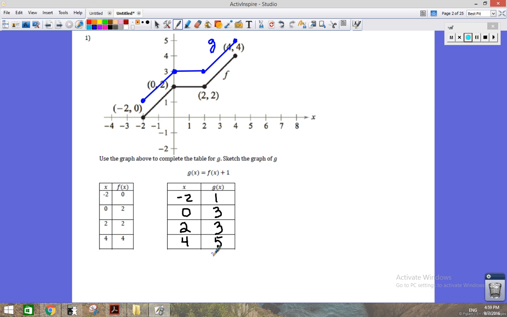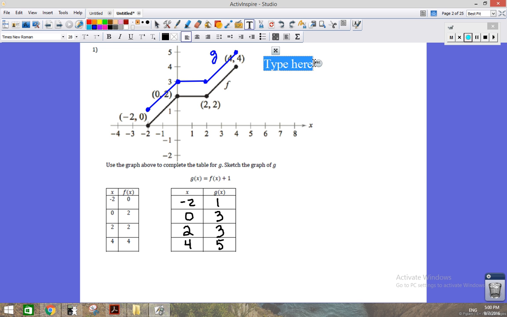So all of these y coordinates increase by 1, and when we plotted those points, the effect that has is that to obtain the graph of g, we shift the graph of f up 1 unit.